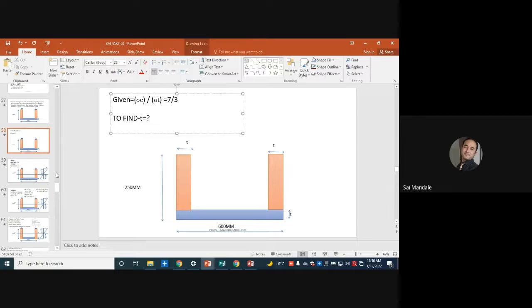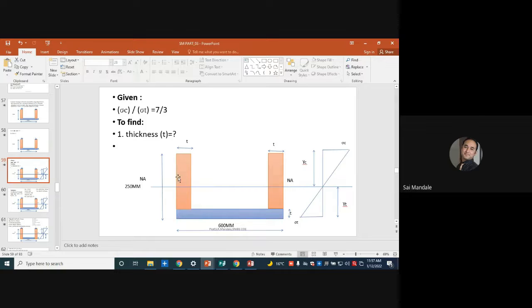If I draw the section and the probable bending moment diagram, it is like this. The top layer is subjected to compression, the bottom layer is subjected to tension. So this is YC and this is YT. The value of sigma C is given to you, the value of sigma T is given to you.